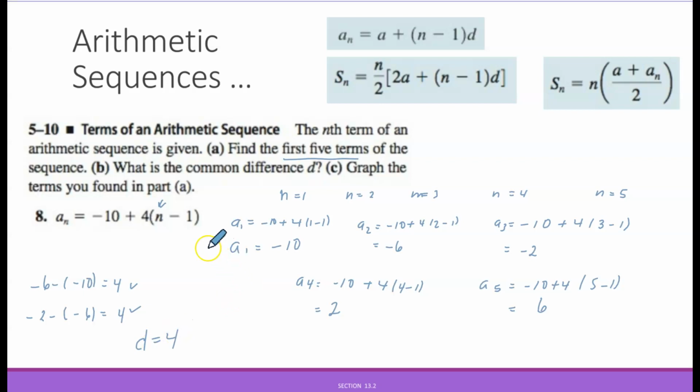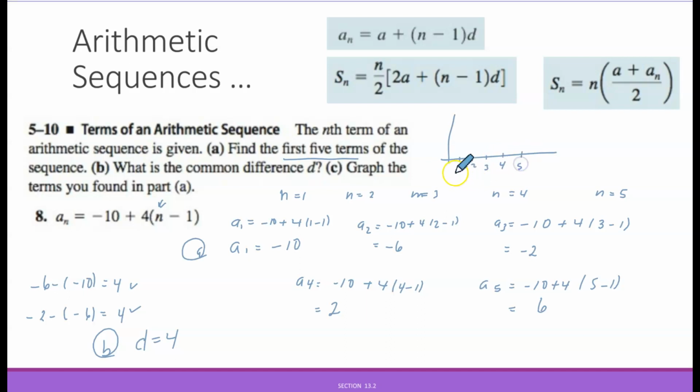So that's what they're looking for here for part A and here for part B. Now, if I want to graph these, what we would do is, on the horizontal axis, we're going to list our n values: 1, 2, 3, 4, 5.